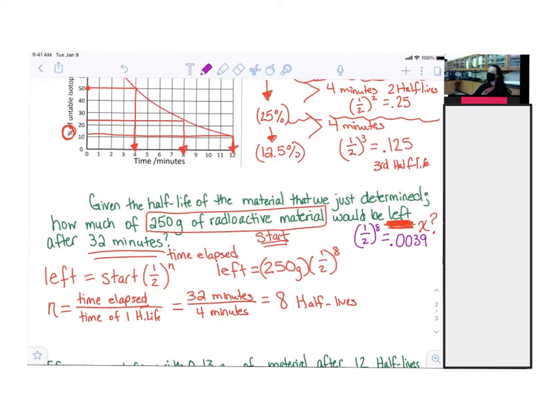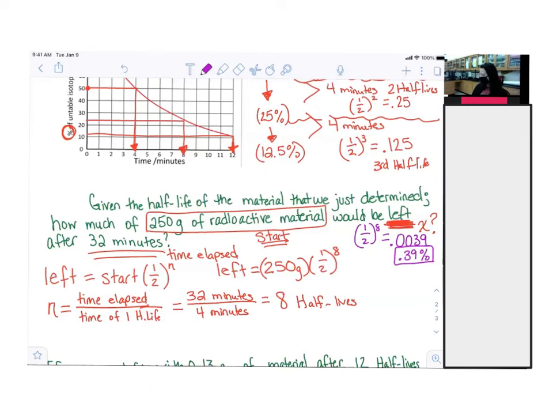0.0039. If I wanted to know what percentage is left after 8 half-lives, I could multiply that number by 100 to put it in a percentage. So in a percentage, this would be 0.39% left. So if I have the question, what percentage is left after 8 half-lives, take 1/2 to the 8th power and then convert it to a percentage.